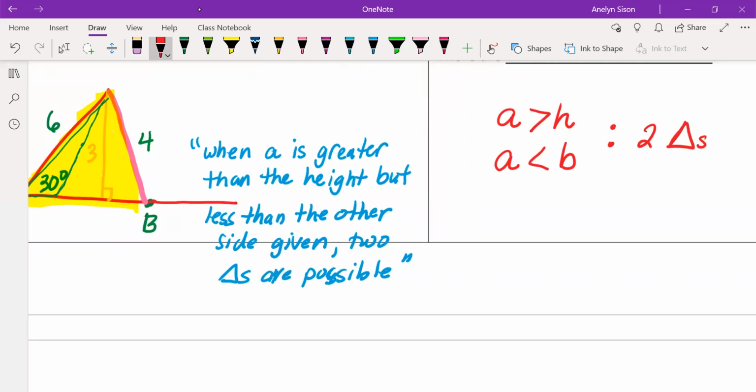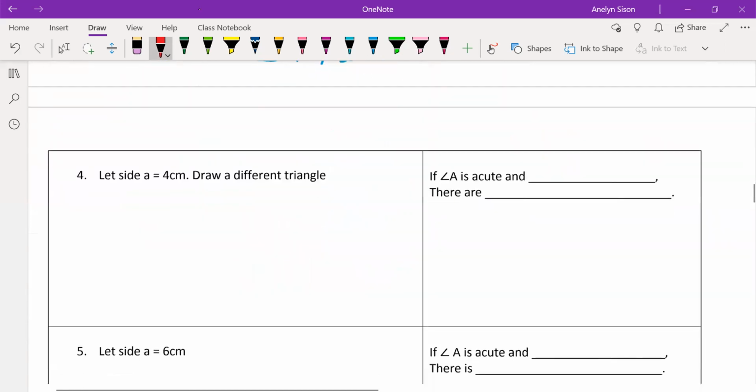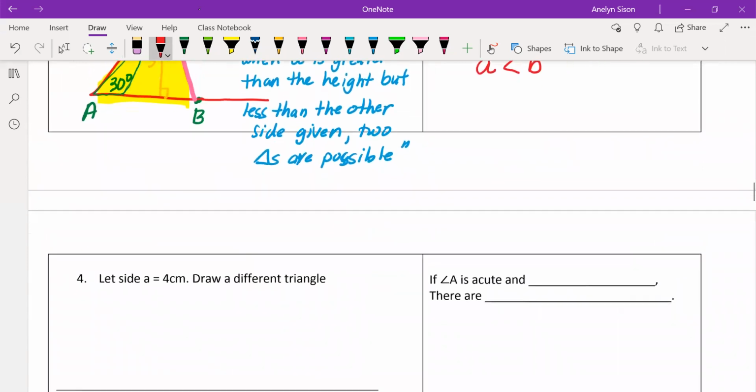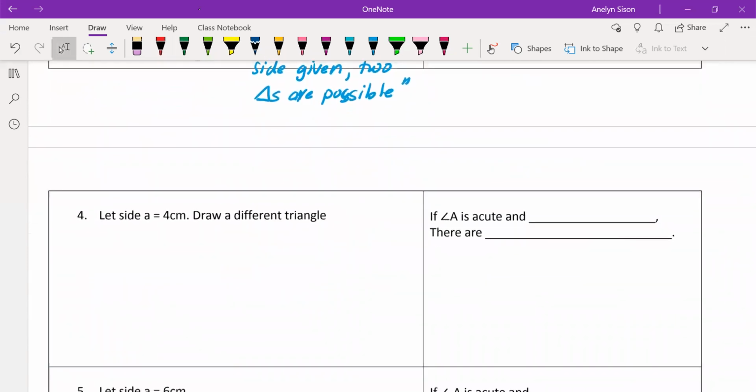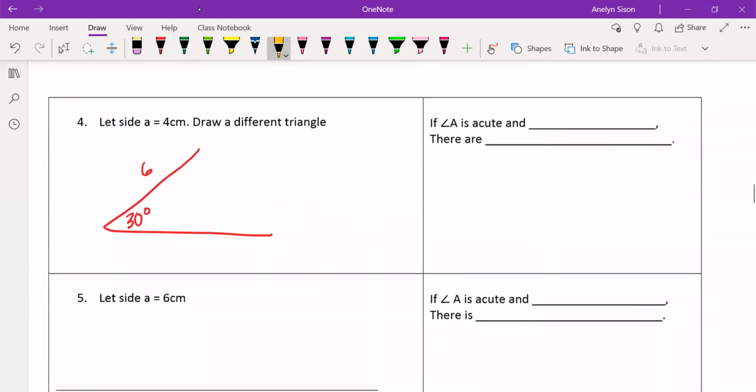Now, I'm going to draw you the other triangle on the next page because there's not enough room there. So we'll draw a different triangle. If you're drawing the same thing, this is 30 degrees, this is 6. We know that the height is, sorry, 3, but we're given a side length of 4.